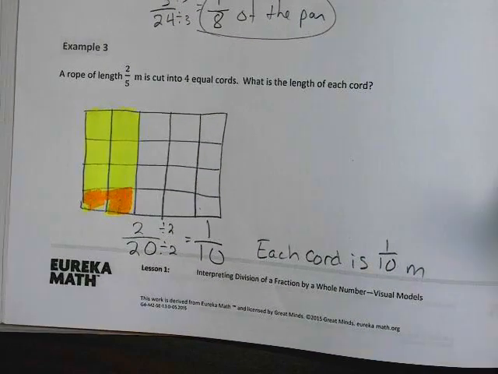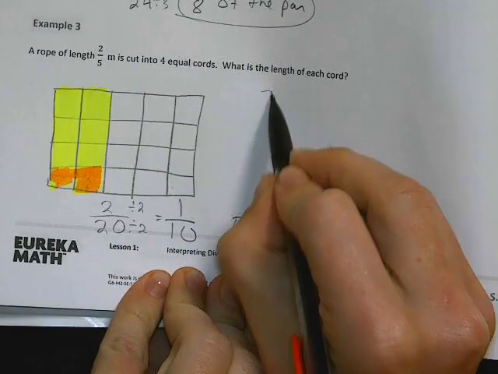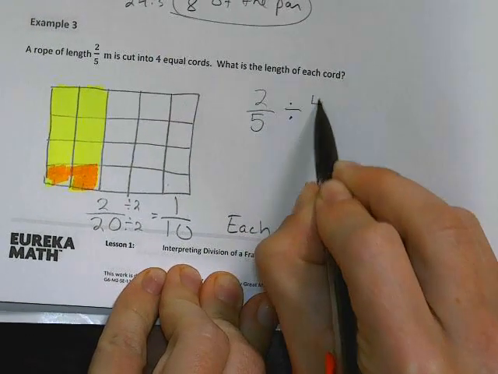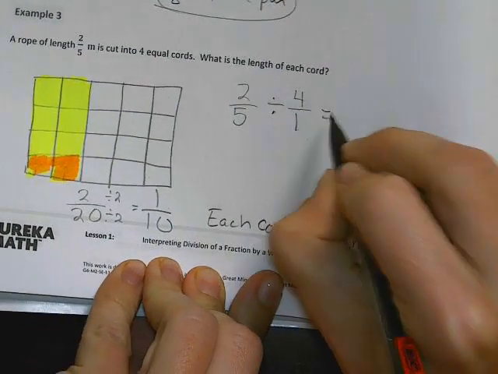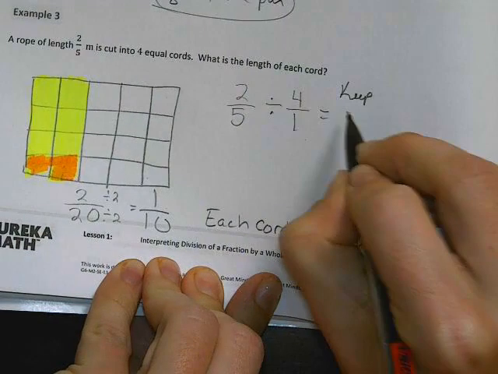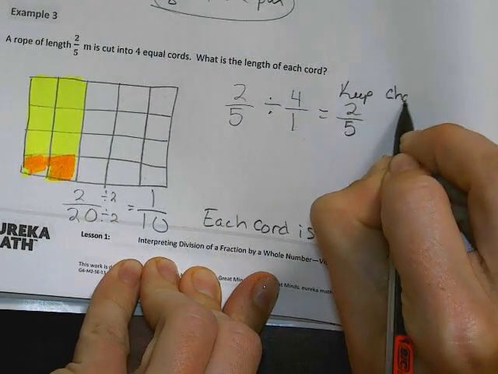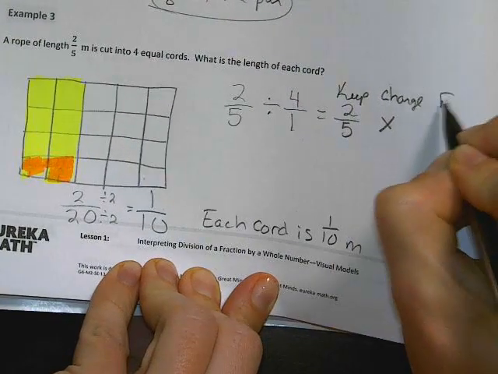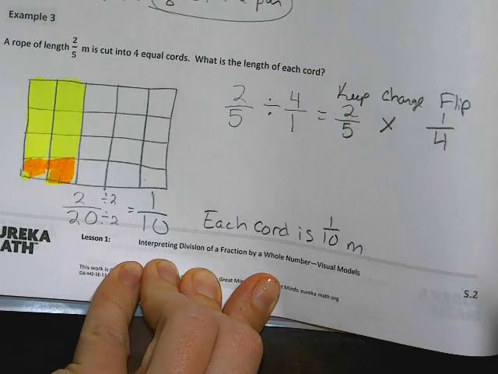Now, if you wanted to do the equation portion, you would take 2/5 divided by 4/1. So again, we keep our first number, so that's 2/5. We change the middle, which is multiply, and we flip it over, which is 1/4.